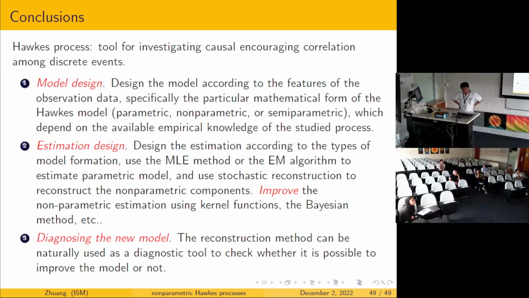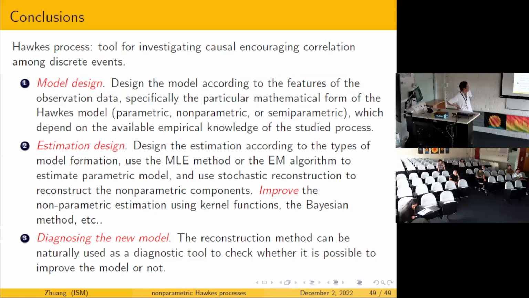So to do that, we have 3 steps. One is to design the model, and we can design the model according to the features of the observation data, especially the particular mathematical form of the Hawkes model, which depends a lot on available empirical knowledge.